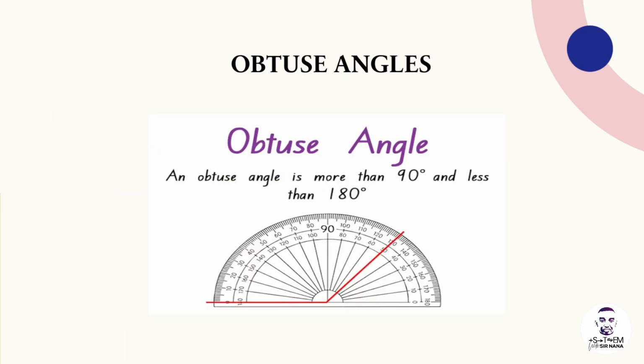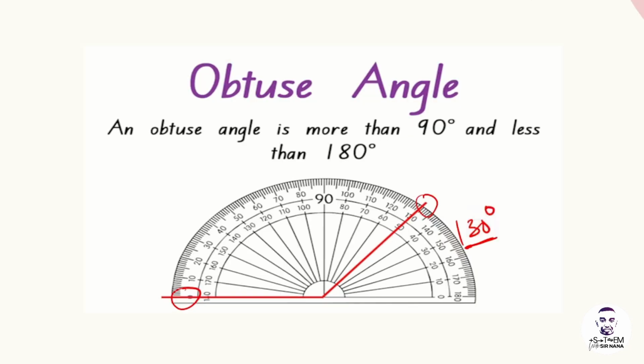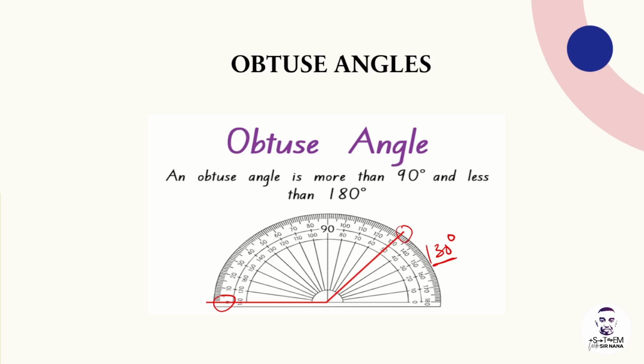And then we see an obtuse angle in the angle that has been measured in the protractor here. You see that they measured the angle from 0 degrees up till they went towards 130 degrees. So this is 130 degrees, right? We say that 130 degrees is obtuse. An obtuse angle, as we define, is more than 90 degrees but less than 180 degrees.